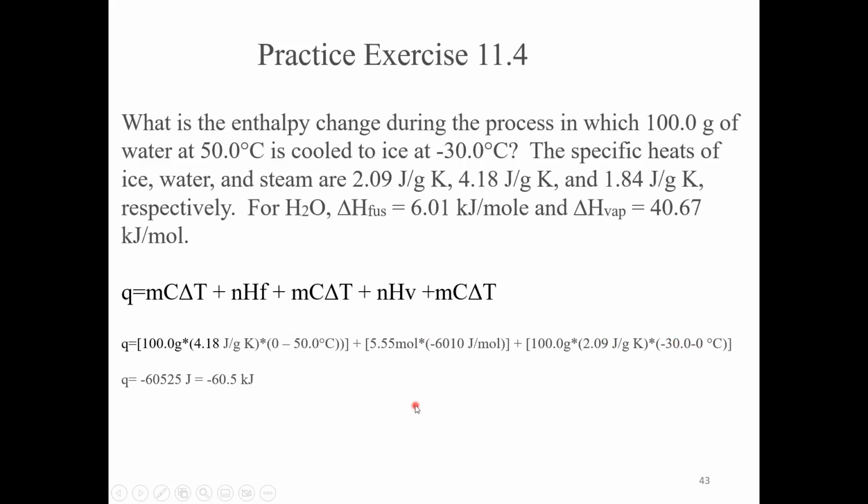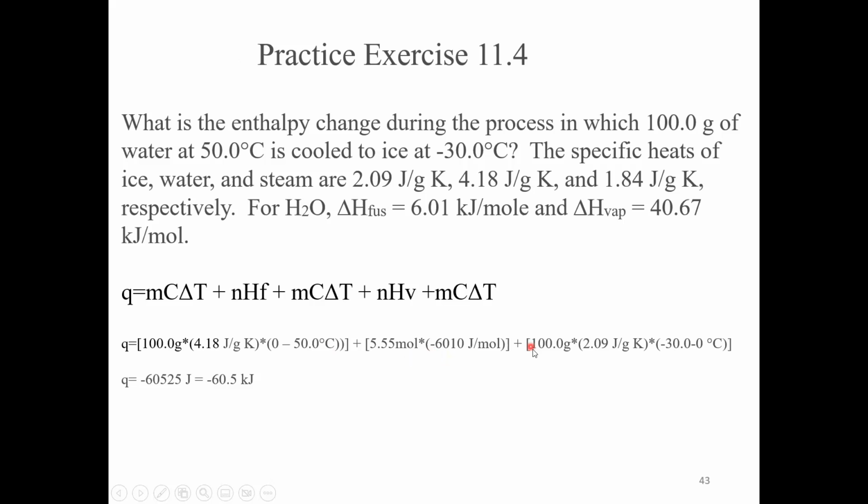But with the phase changes when we're cooling it, what you could do is just make the plus sign between these different little equations a negative. But what I typically do is just take the heat of fusion or the heat of vaporization, depending on which change it is, in this case heat of fusion, because we're liquid to solid. I usually just make that a negative, just to make sure that we account for the sign here.